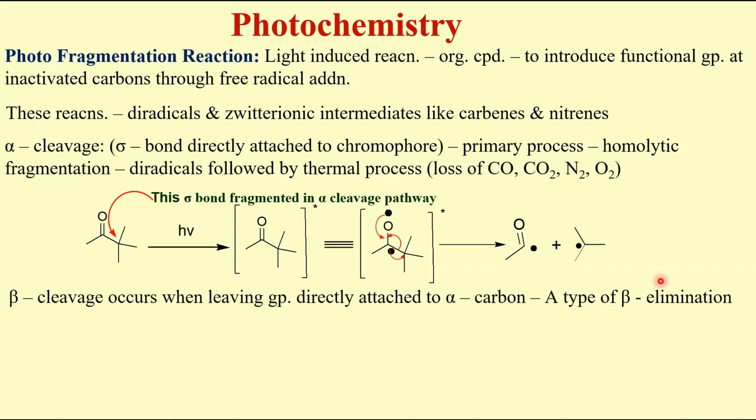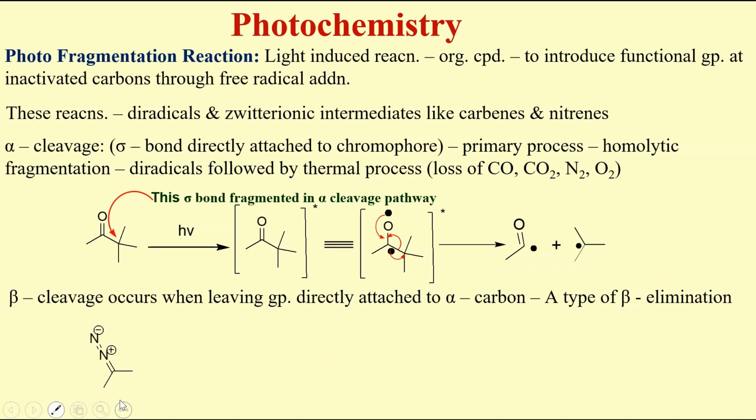Another variety of reaction is beta cleavage. This beta cleavage occurs when the leaving group is directly attached to the alpha carbon. This is an example of a beta elimination type of reaction.